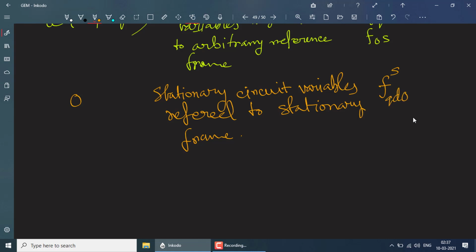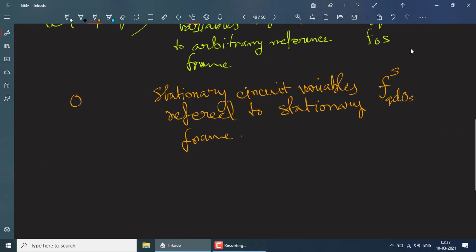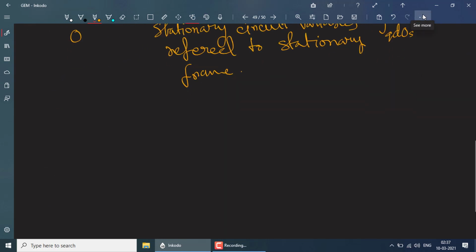Do note that I am trying to maintain a parity between the two, like what we had there for the transformation representation and this. But you must also be mindful in a single problem: use a simple and uniform notation.